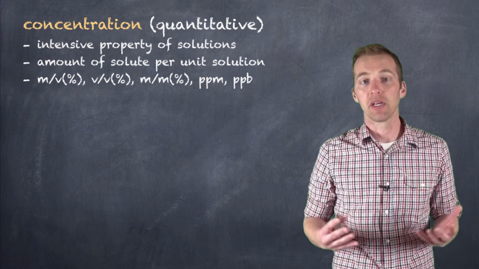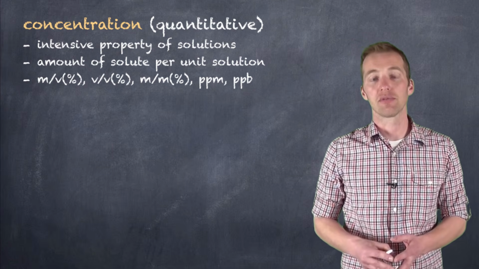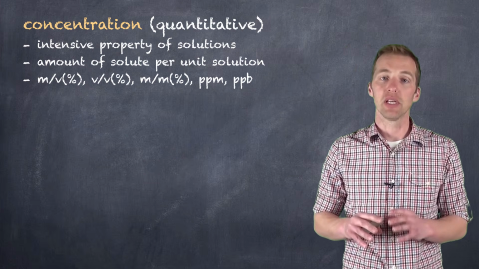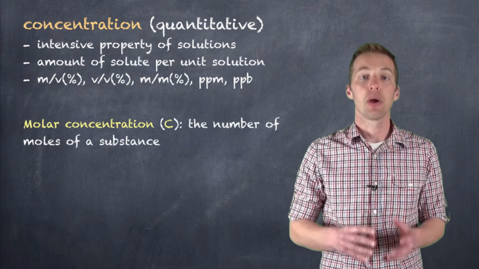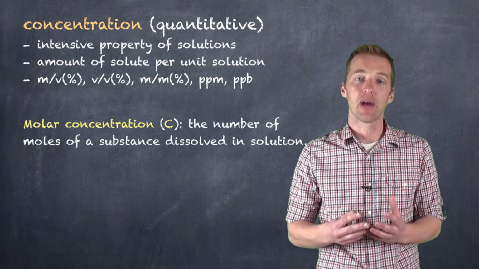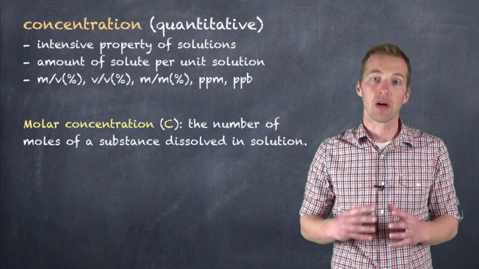And some of you may be familiar with terms like parts per million or parts per billion, and those too are representations of solutions. But the one that we're going to focus on, the one that's most used in analytical chemistry, is molar concentration. Sometimes in older texts you might hear it referred to as molarity, but we are going to deal with it in terms of molar concentration.